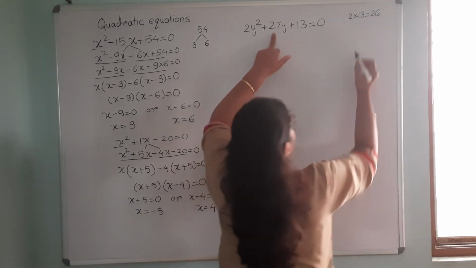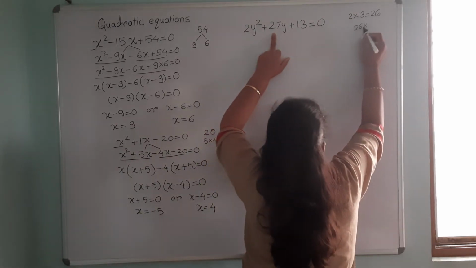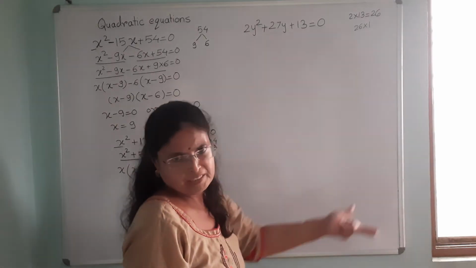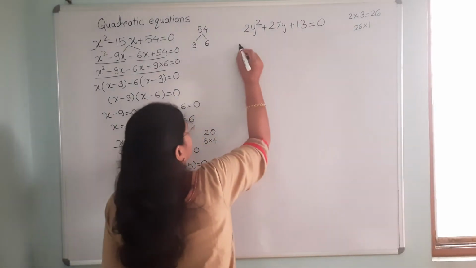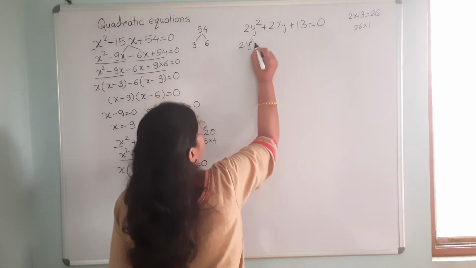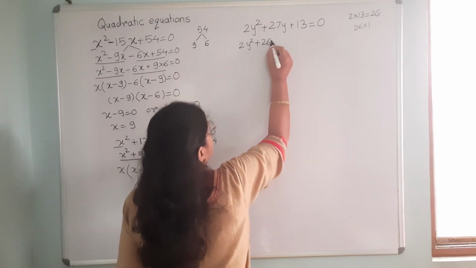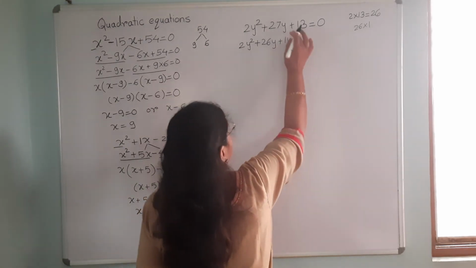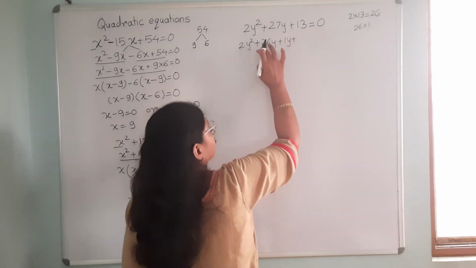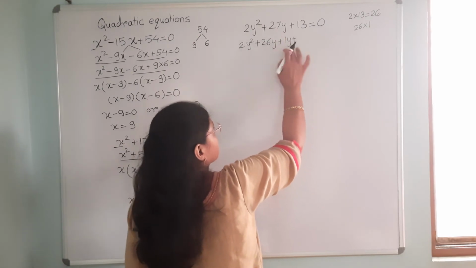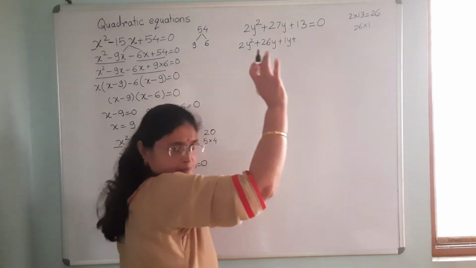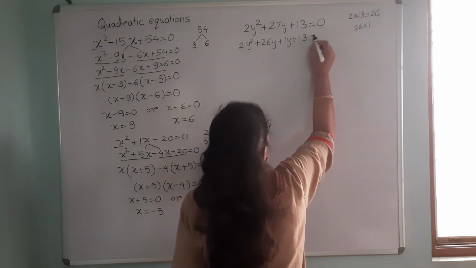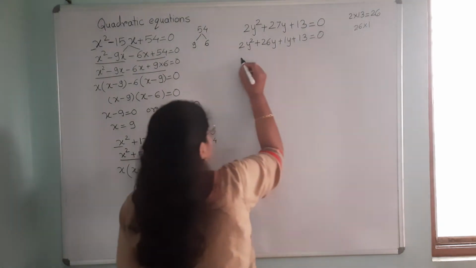We naturally know 26 into 1 is 26 and 26 plus 1 is 27. So we get 2y square plus 26y plus 1y plus 13 equal to 0, as both the signs are the same.